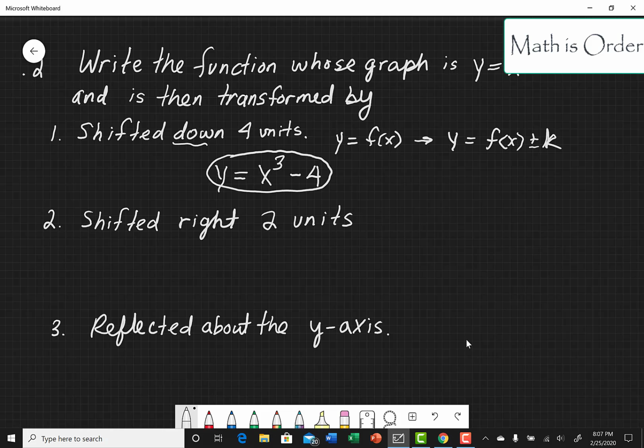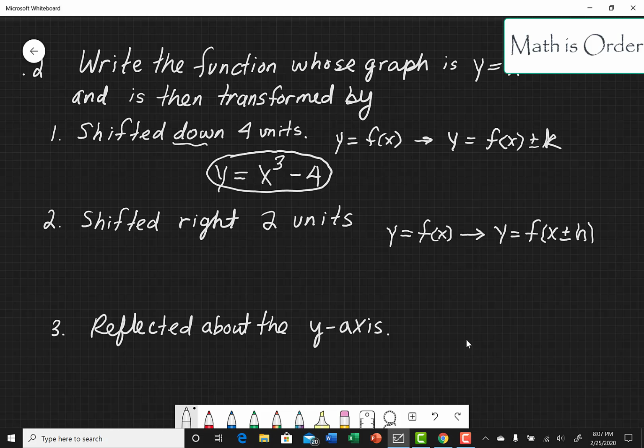All right, let's look at number 2. This time we're shifting to the right 2 units. So you know from earlier that whenever you're shifting to the right or left, the original function, say y equal f of x, transforms to y equal f of x plus or minus h.